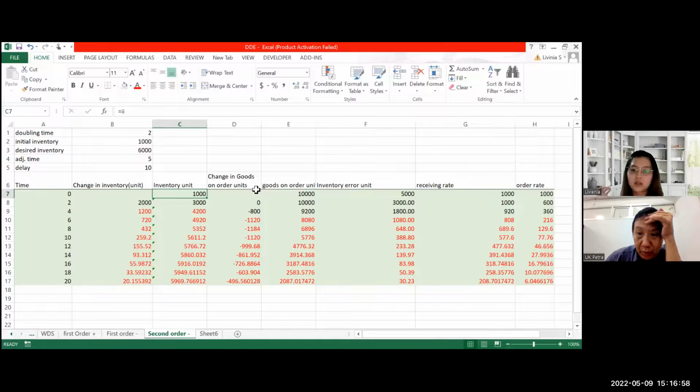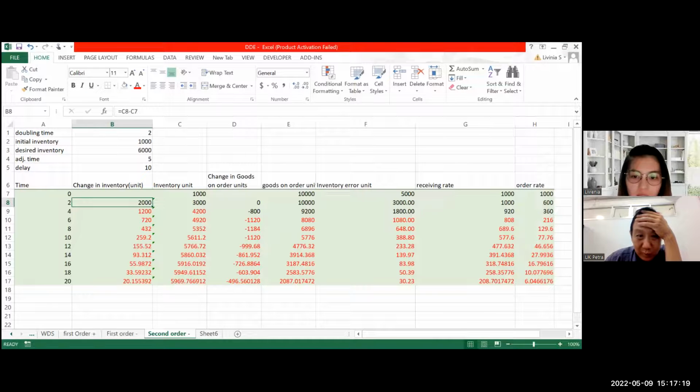Oh, why different? Let me check it. Time is 40, and then this one, the change in inventory would be correct.